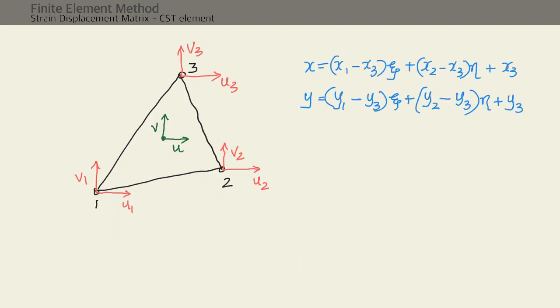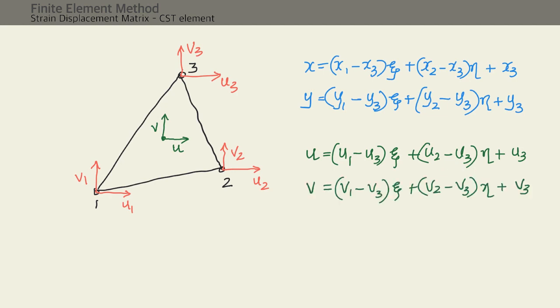We have also seen that the expression for u is equal to u1 minus u3 into psi plus u2 minus u3 into eta plus u3, and v is equal to v1 minus v3 into psi plus v2 minus v3 into eta plus v3.